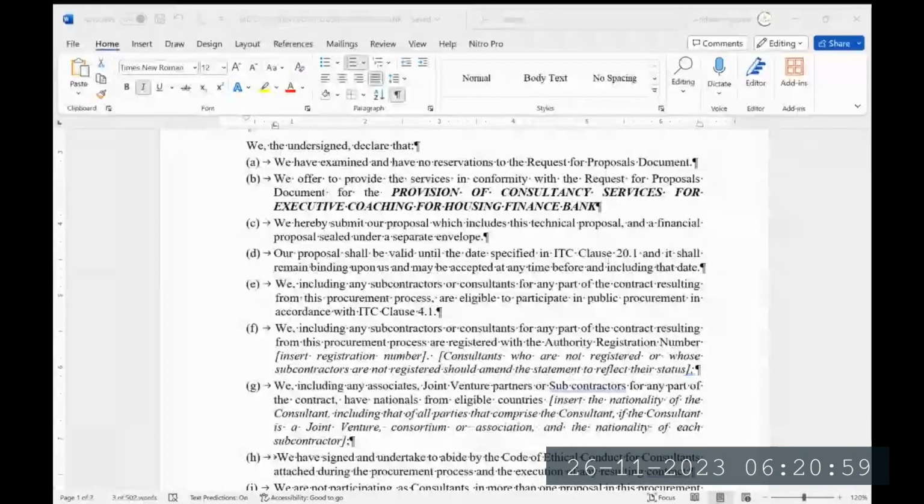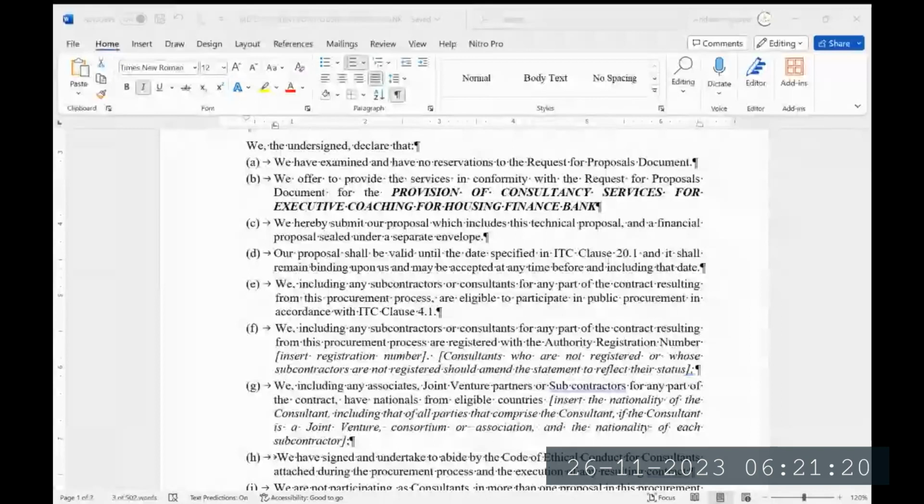So that's the number. Consultants who are not registered should amend the statement. So we are a registered firm. I've captured the details of the firm. Private service provider with the registration number.